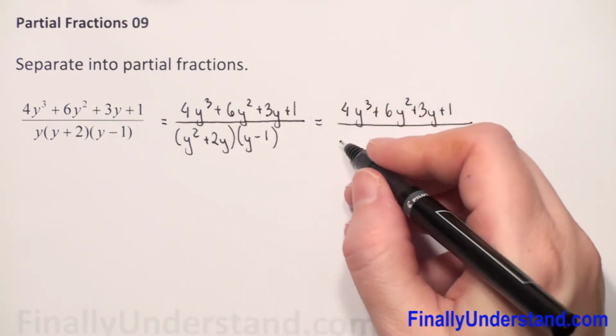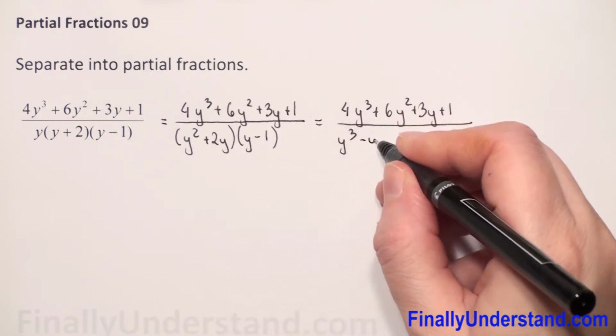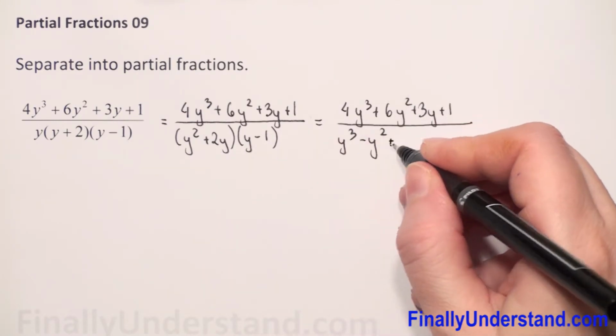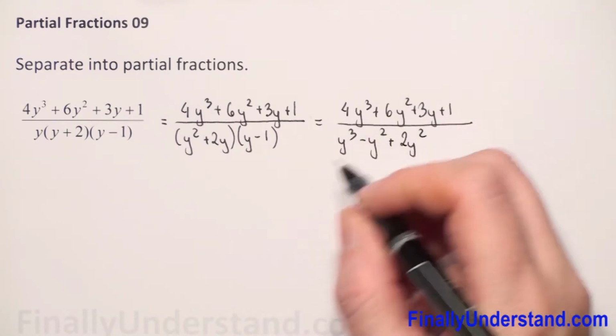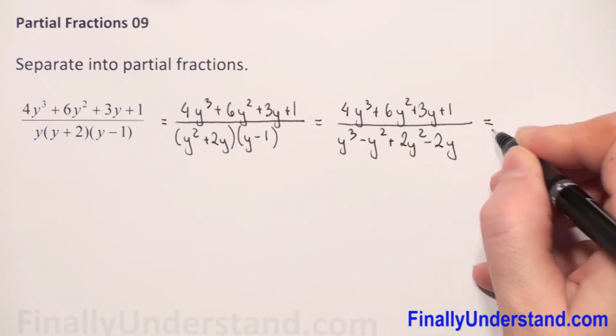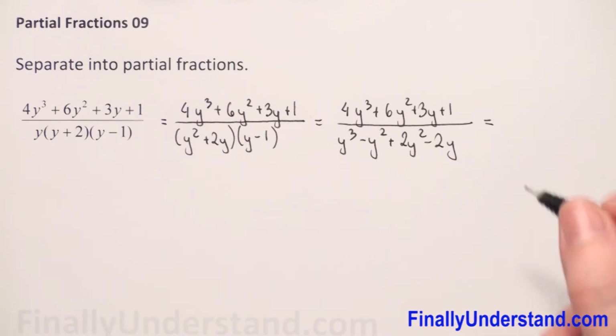Y squared times y is y cubed, y squared times negative 1 is negative y squared, 2y times y is positive 2y squared, 2y times negative 1 is negative 2y. This is equal. Now we have to combine the like terms in the denominator.